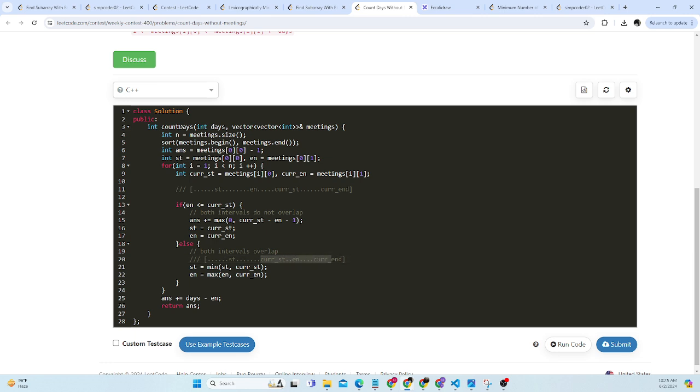So this interval overlapped and this particular interval overlapped. So we'll take the minimum of the starts and we'll take the maximum of the ends. So we'll have a complete interval that will cover all the days in which a meeting occurred. And this will not contribute to our answer.